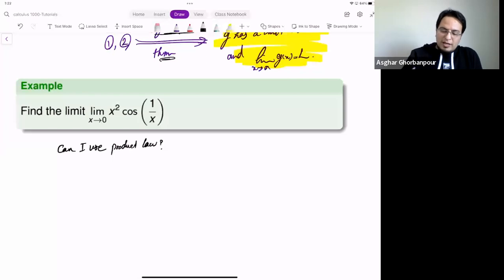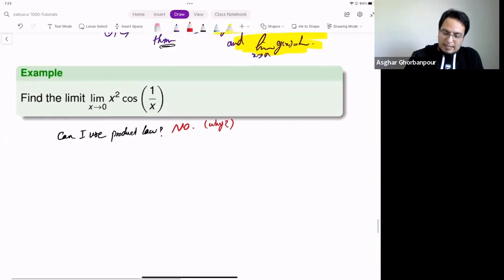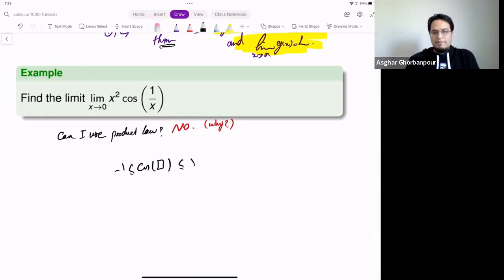The product law cannot be applied. I will leave that for you to think about, why this product law cannot be applied. But what I know is that cosine of any number, anything that you take, is between 1 and -1.